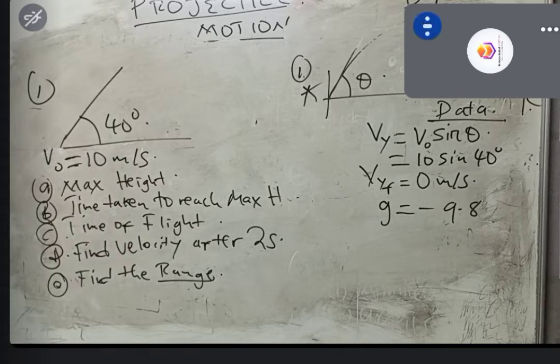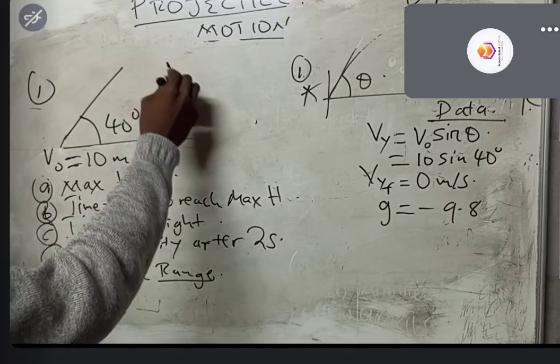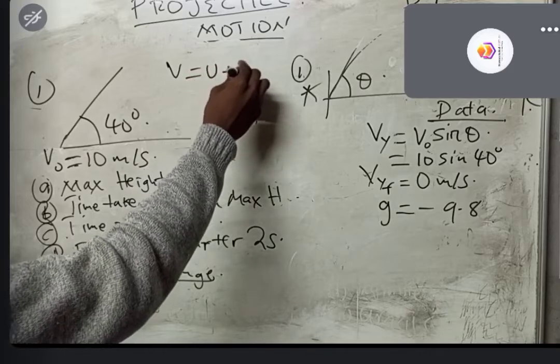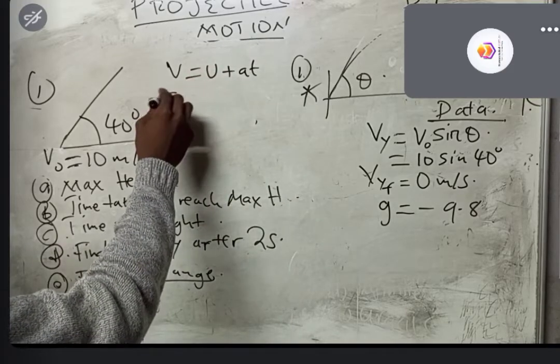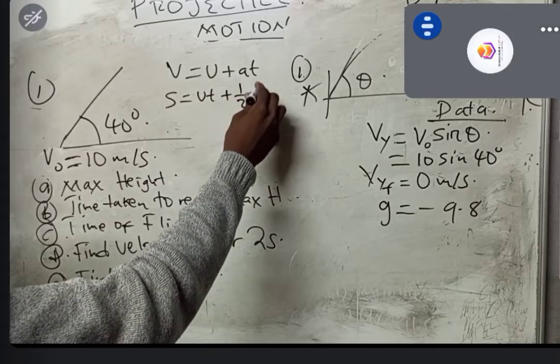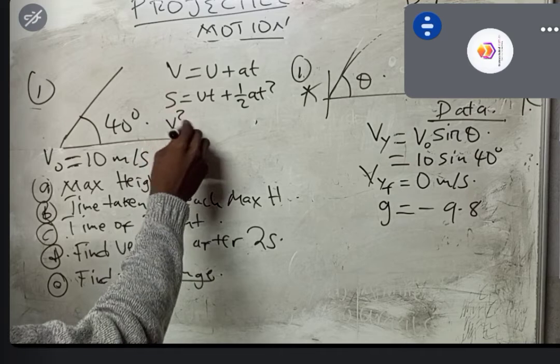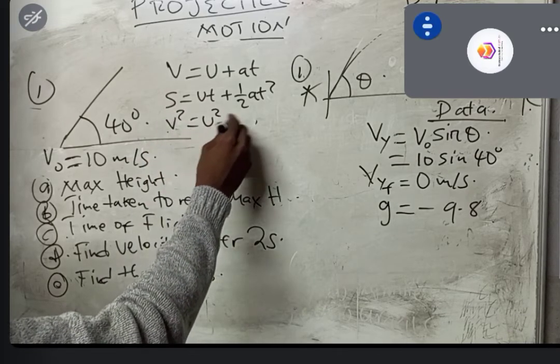So now, from the formulas that we have, this one, then we have this one. I only ask for this favor, you guys. Only know these formulas for me, then you are home and dry.